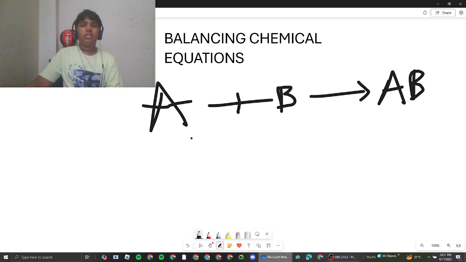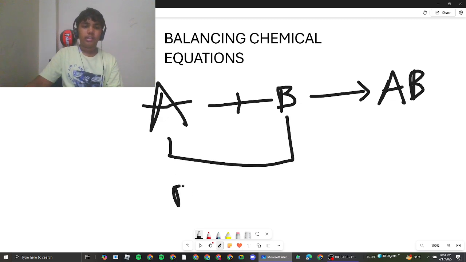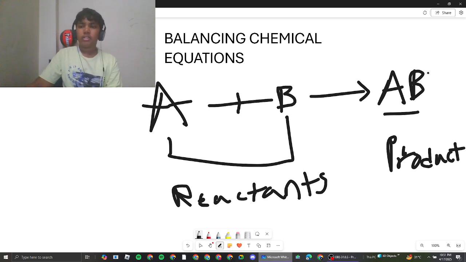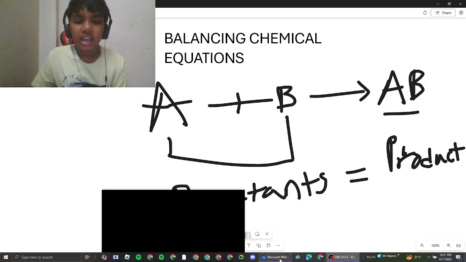This is known as the reactant side, and this is the product. There can be more than one product, but in this case, the atoms are equal, right? I'm going to show that in a later reaction.